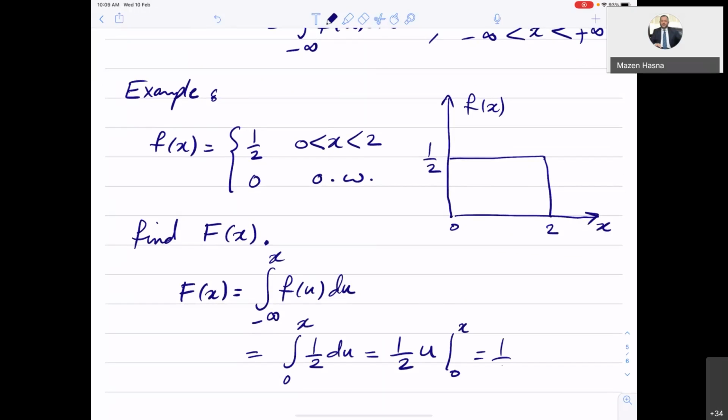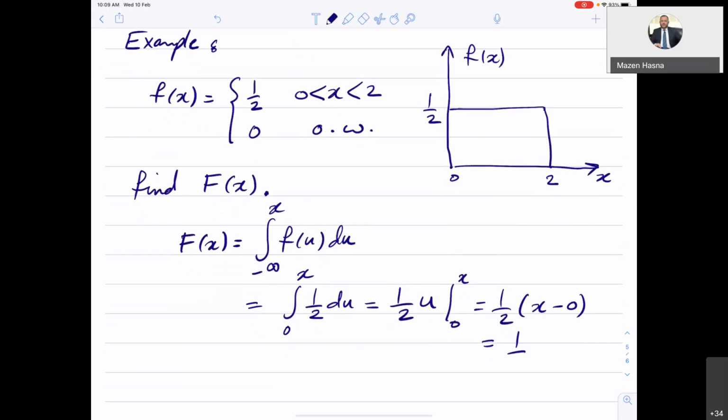If you substitute, x minus 0, which is 1/2 x. So this is your function, for when x is between 0 and 2.